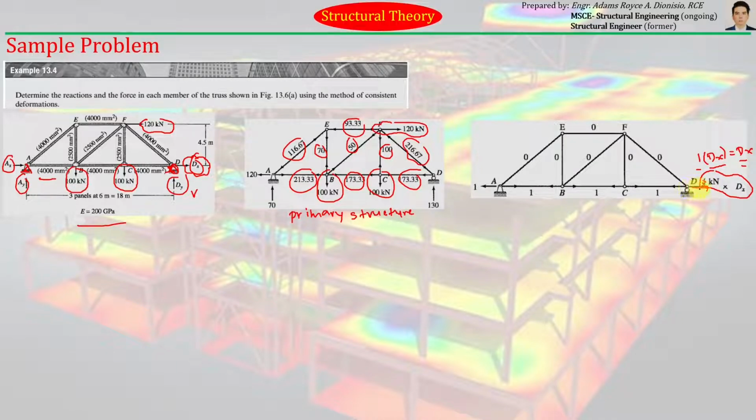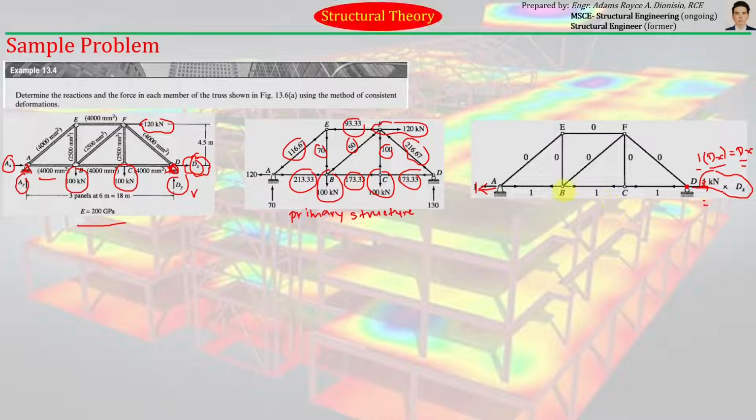We have applied a unit load of 1 to joint D. With that applied load, you can already solve for the unknown reactions here, which is obviously equal to 1. It needs to be 1 to be able to resist this unit load.